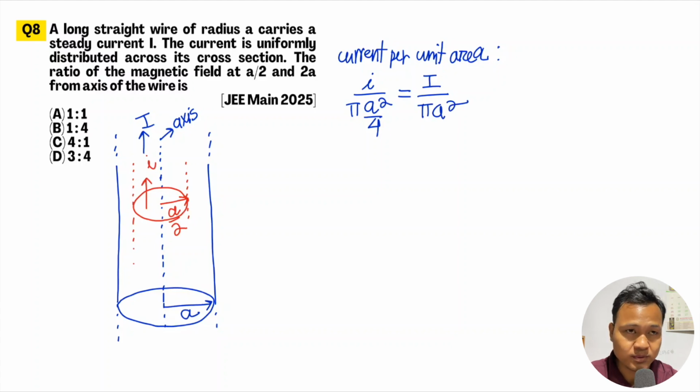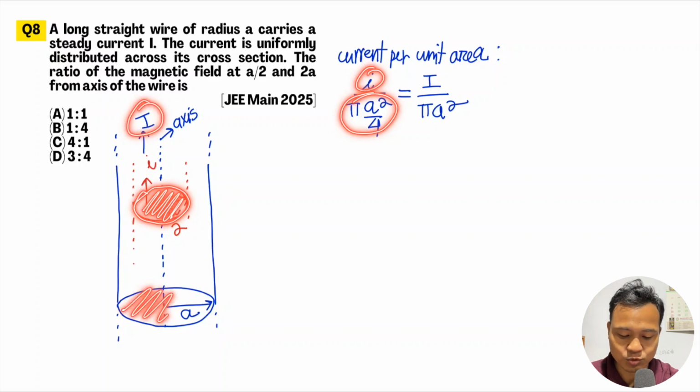The current per unit area is the same at any point inside the wire, because the current is uniformly distributed. So for any section inside the wire the current per unit area is constant: i divided by the area of this cross section has to be the same as total current over total area.